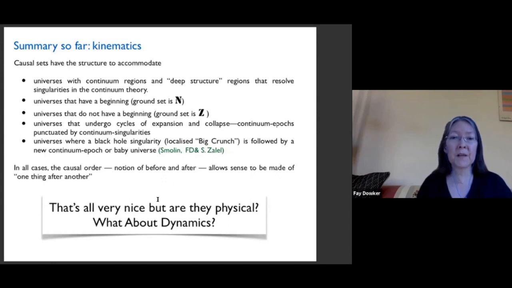And in all of these cases, the causal order of the causal set, this fundamental notion of before and after, allows sense to be made of one thing after another. So the structure of the epochs following on one after the other is accommodated, is allowed, is natural in the causal set structure. Right, well, that's all very nice, but are these models physical?